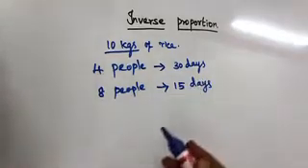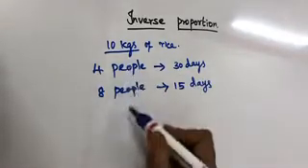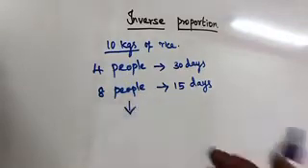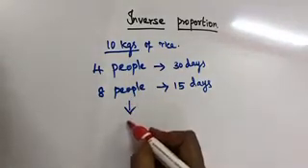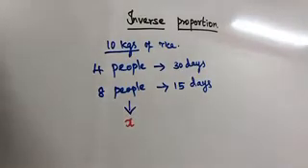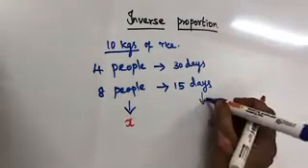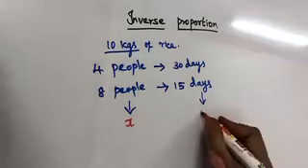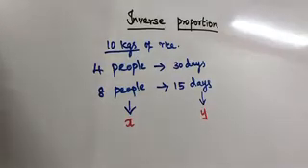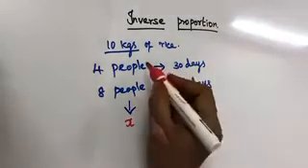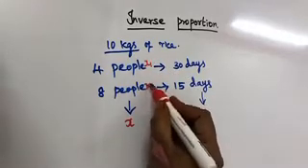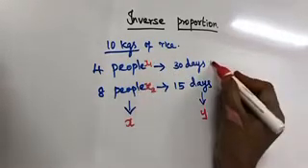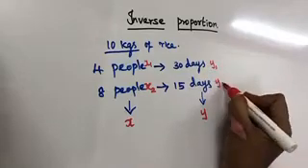So here I take the variable people as x and the variable days as y. So this is x1, this is x2, here it is y1 and it is y2.